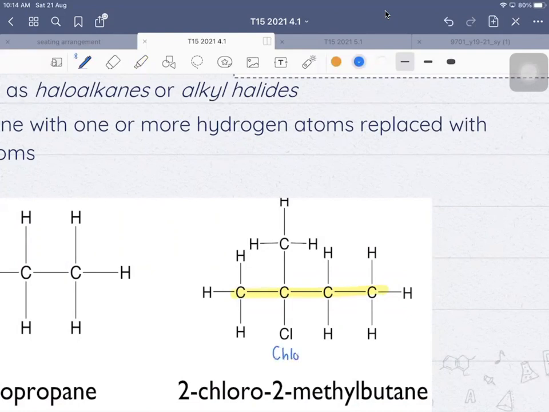Cl is a chloro, and CH3 is a methyl, and they are positioned at carbon number 2, hence the name 2-chloro-2-methylbutane. You may ask which one comes first, the chloro or the methyl? It follows alphabetical order. C comes before M. Whereas butane is just the name of the principal chain.